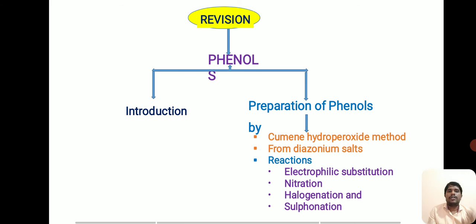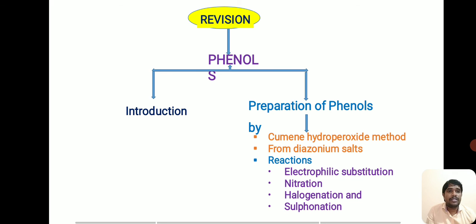So, coming to the revision of this class, we have learned about phenols. We have discussed the introduction, preparation of phenols by the cumene hydroperoxide method, and preparation of phenols by diazonium salts.